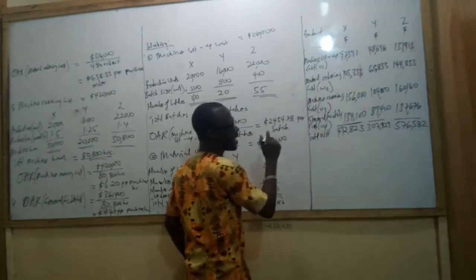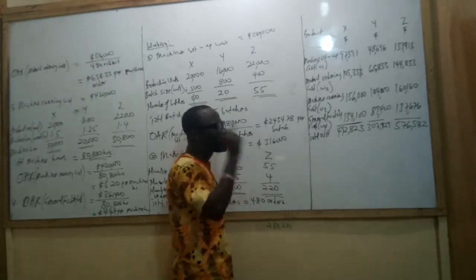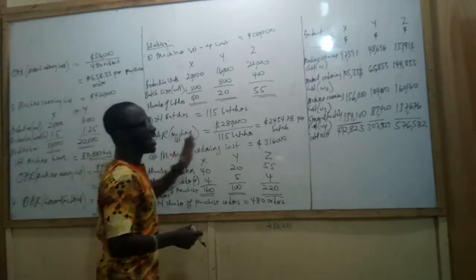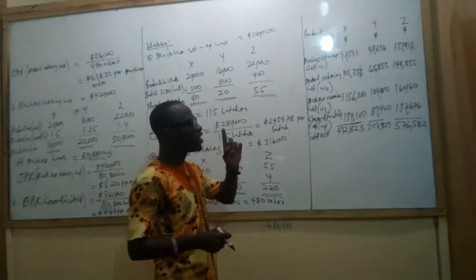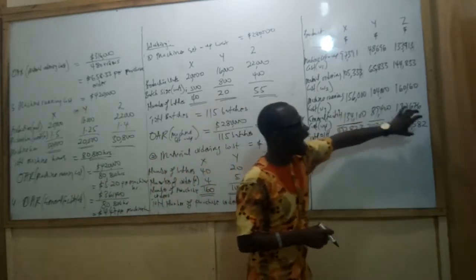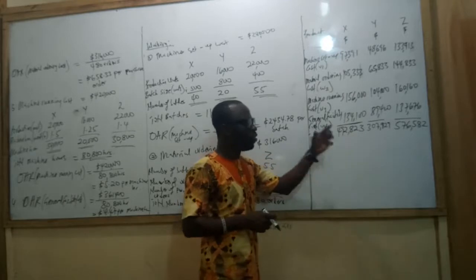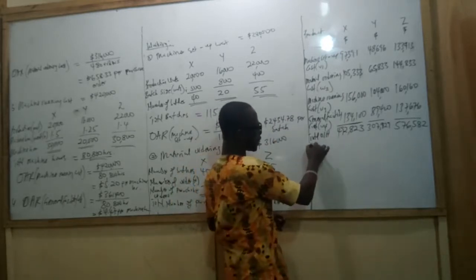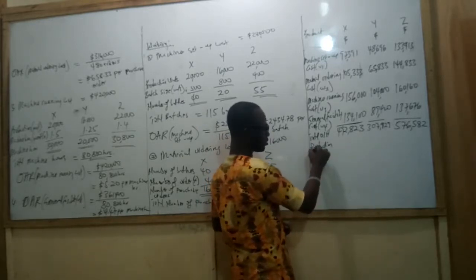Now, the examiner said we should calculate the full production cost per unit. Everything we've done so far is just about the factory overheads. For that reason, since these are in total, we divide this by their production units so that we can get the overheads per unit.